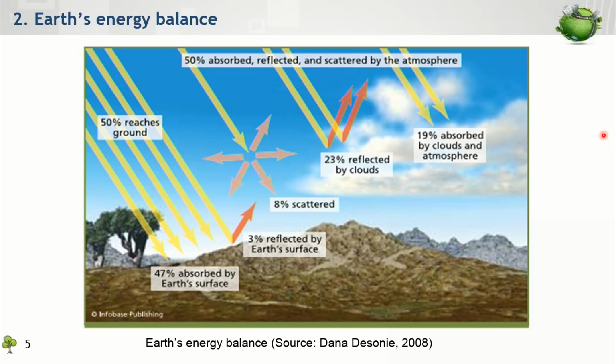The energy from the sun arrives at the top of the Earth's atmosphere as UV or visible light. It can pass through the atmosphere across a layer of gases, but not everything can reach the ground. So in general, about 50% of the energy from the sun is absorbed, reflected, and scattered by the atmosphere. So only about 50% can make its way to the ground.